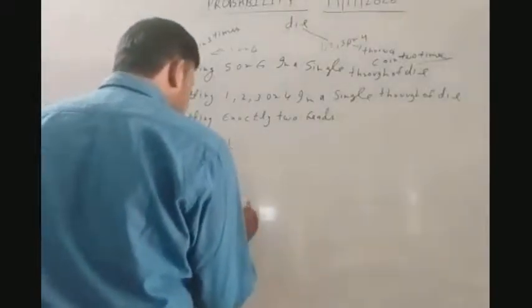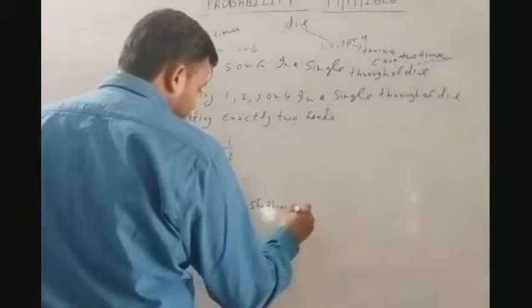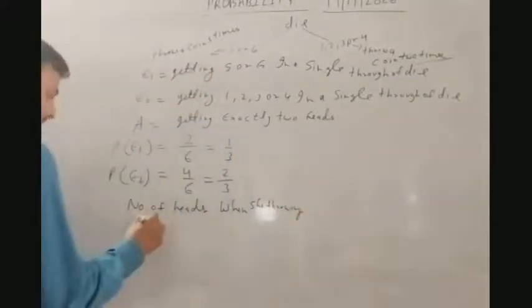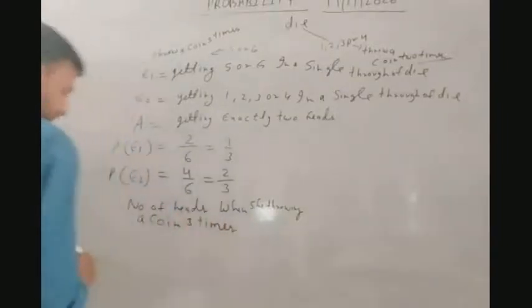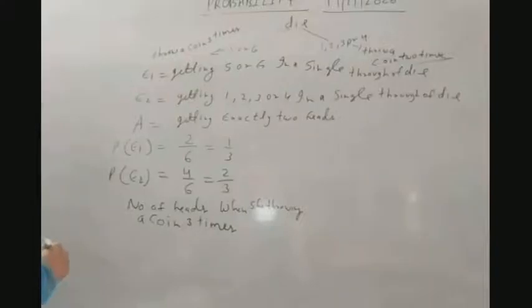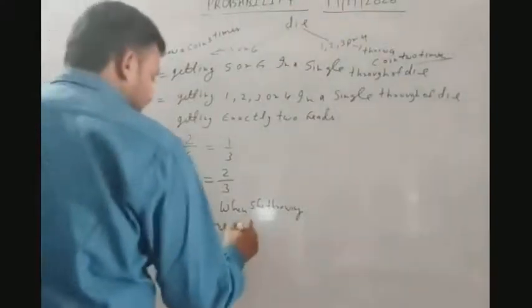So the number of outcomes when throwing a coin 3 times will be what?